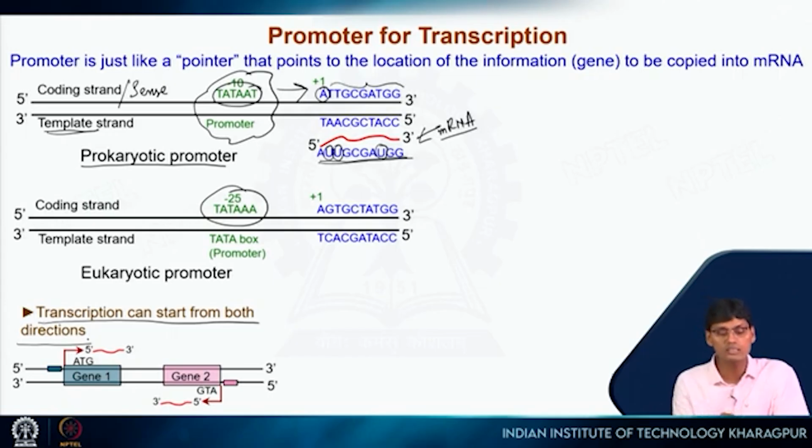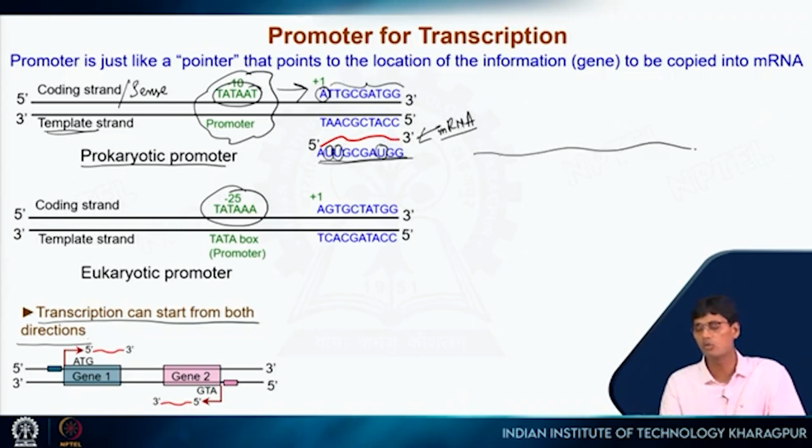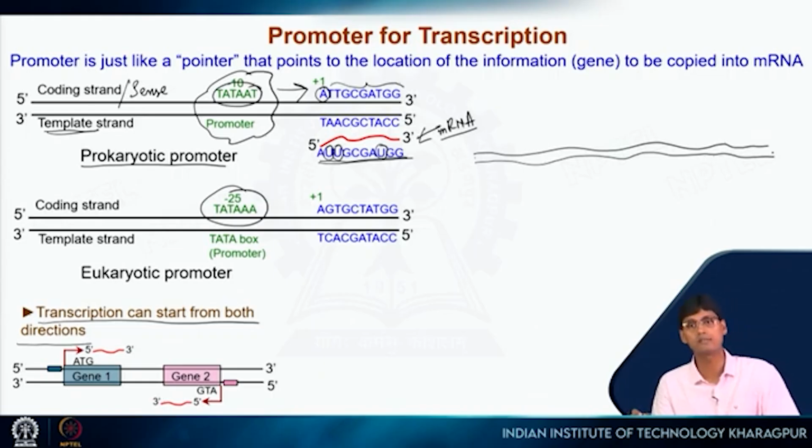But since I discussed the coding strand and template strand, I want to clarify here: if this is one long DNA with a few million bases, 5 prime to 3 prime and 3 prime to 5 prime, and a few hundred genes also present, then whatever way I just explained, I would always say that this top strand is the sense strand and the bottom strand is the template strand.